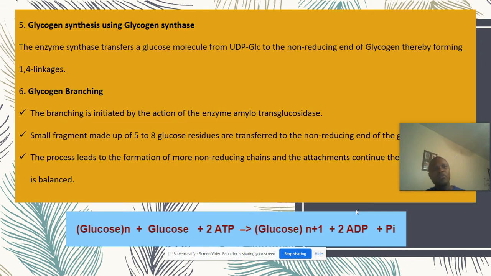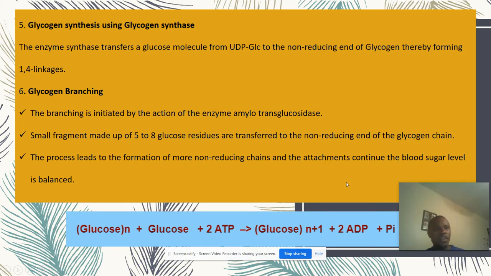Small fragments made up of 5 to 8 glucose residues are transferred to the non-reducing end of glycogen. The process leads to the formation of more non-reducing chains, and the attachment continues until the blood sugar level is balanced. So you always have a non-reducing chain on which a glucose molecule can attach, and this will happen until the body's blood sugar level is balanced.